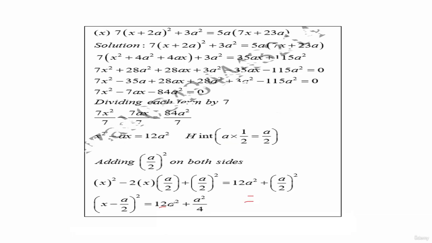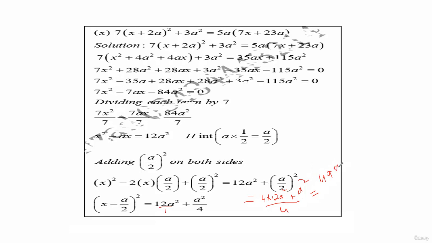Now, there is 4 here, and there is 1, so I will take 4 multiplied by 12a square, and then plus a square. That will become 48a square upon 4. So this gives you 49a square upon 4.